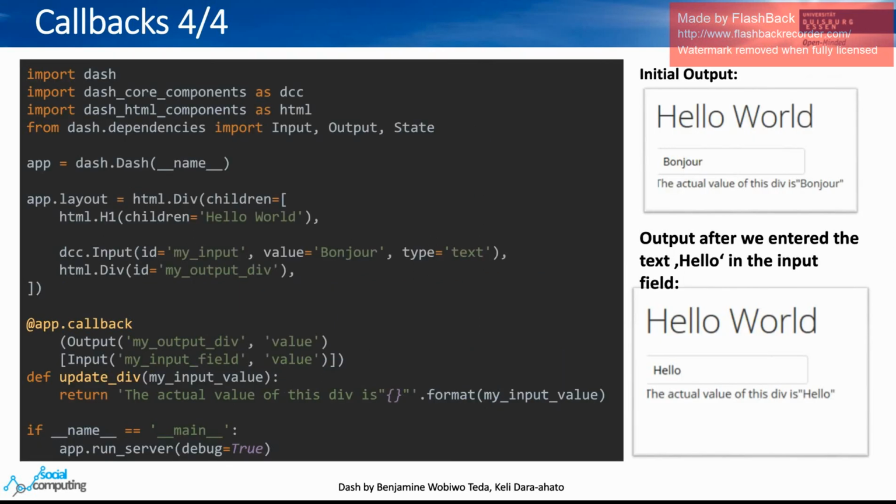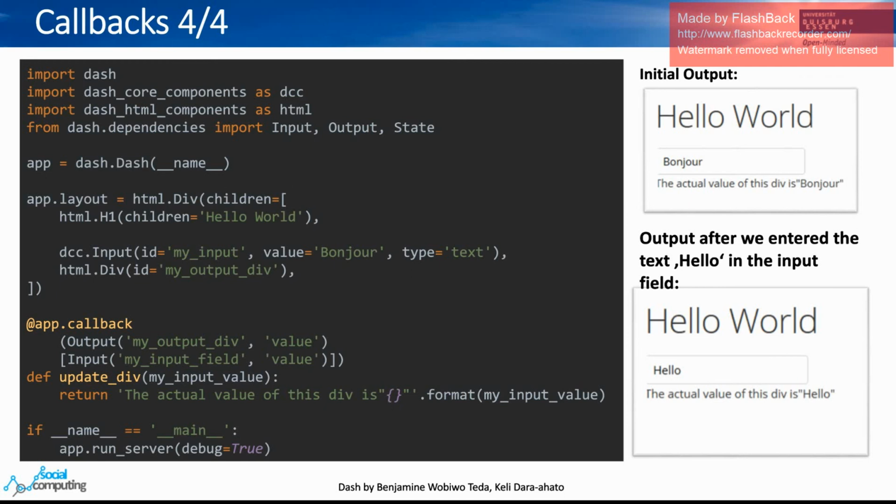Here we have a concrete code where the previous callback is used, and right, you have the output. So in the code, we specified in the app layout a DCC input, which is the input field, and an HTML div. In the app callback, we specify that the output of the callback is the HTML div we declared in the app layout by assigning to it the ID of the HTML div and its value.